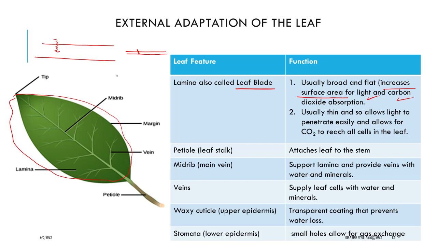But if it is very thick, some light might reach only up to a certain point, so the cells down at this section would not be getting any light. So being very thin is very important.